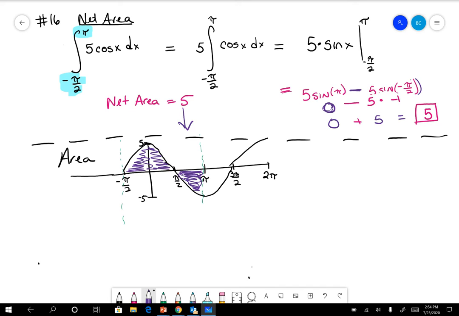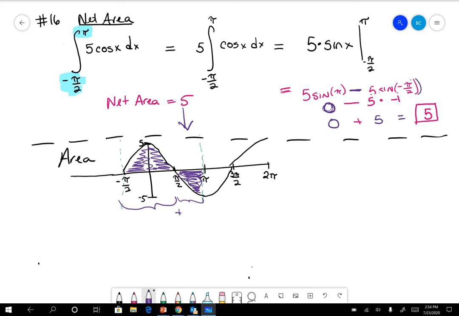So the actual area would be the area of this first one, which is positive, plus the absolute value of the second one. Now remember, the area here is going to be negative. So it's the area of the first one plus the absolute value of that one.